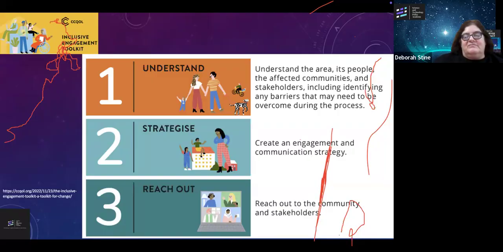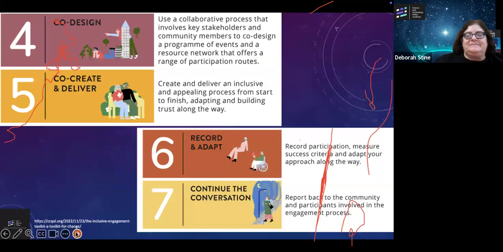And we gave them all free food. And then we also gave them $20 gift cards to our local grocery chain. So you're probably going to need to create incentives for stakeholders to participate in these activities.